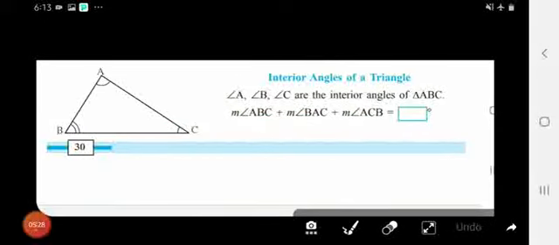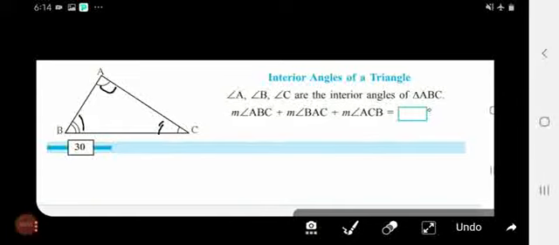Next concept is interior angles of a triangle. Every triangle has 3 angles at the interior of it. So here you can see angle A, angle B and angle C. These are the interior angles of the triangle as they are on the inner side of this triangle.